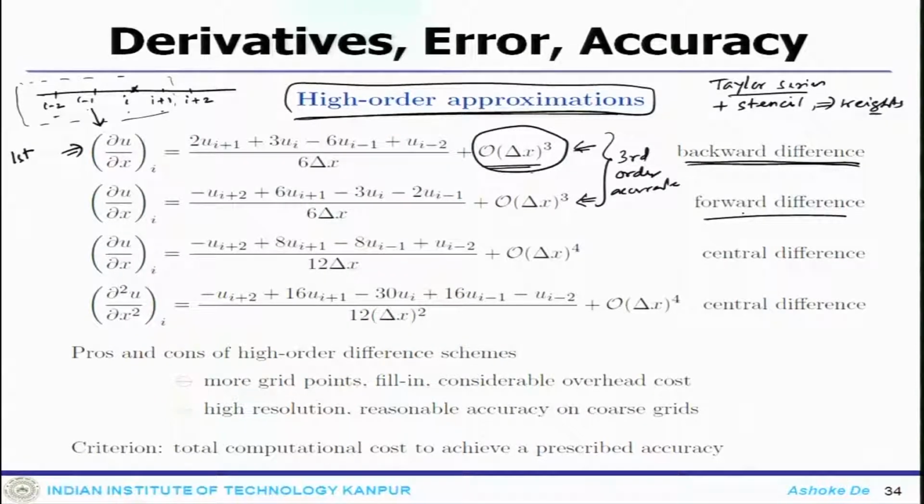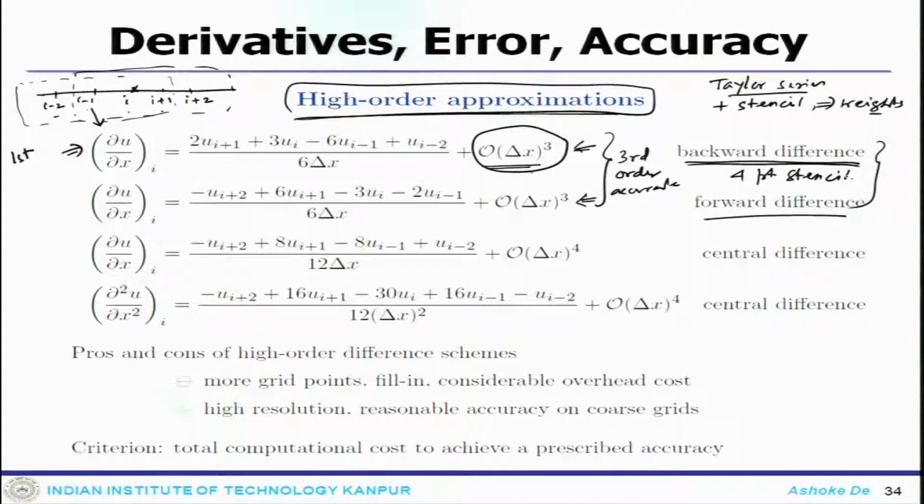When you go to forward difference, it involves i-1, i+1, i+2. So, it involves these 4 points. So, that actually requires a 4 point stencil. Okay.